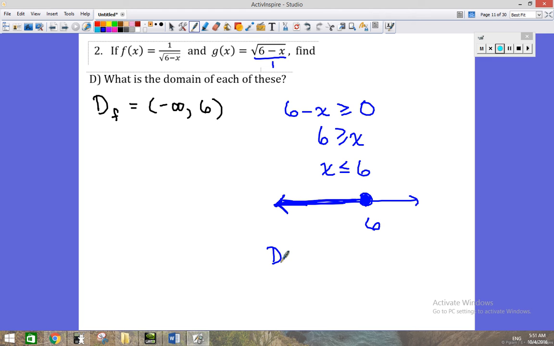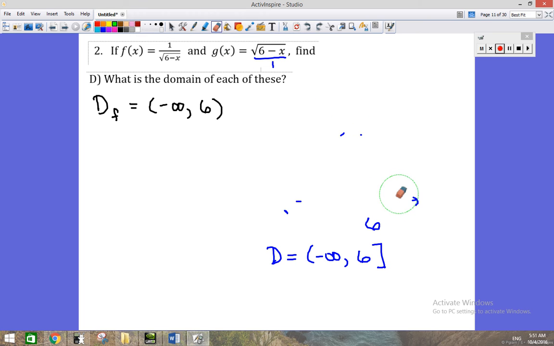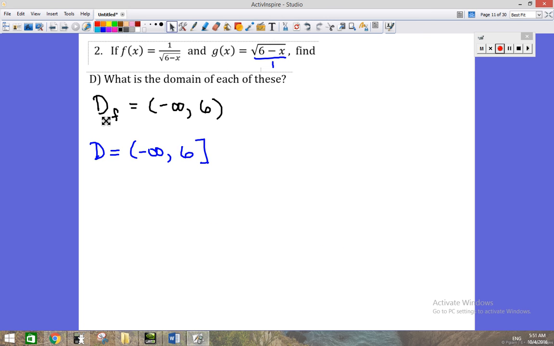In interval notation, that's from negative infinity up to 6, but now it's a bracket because it's including 6. This is our domain for G.